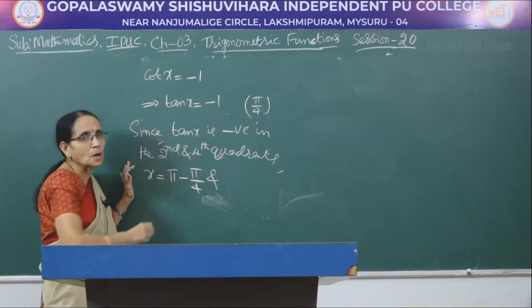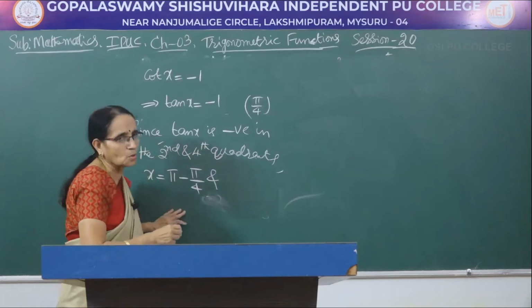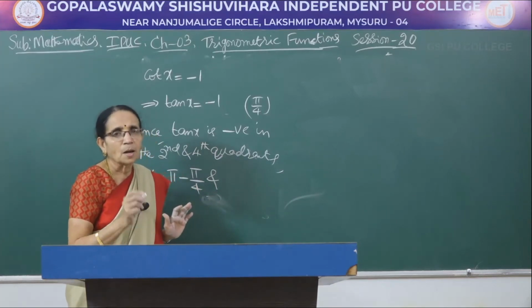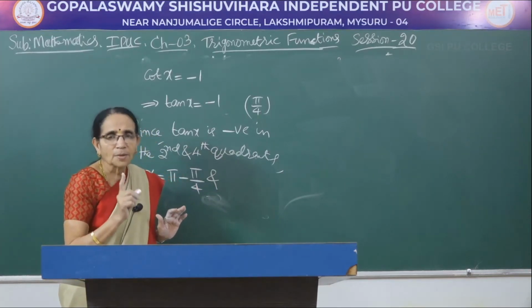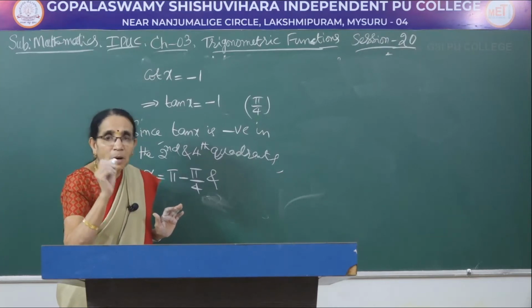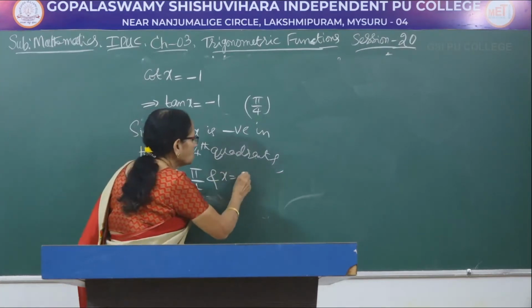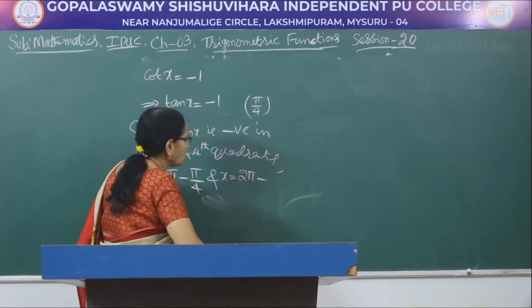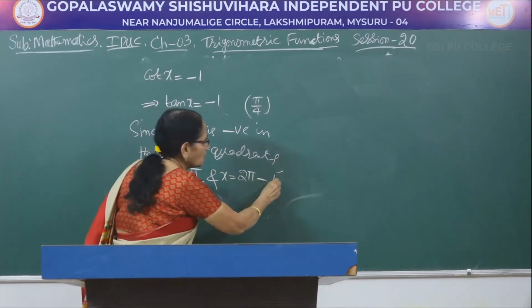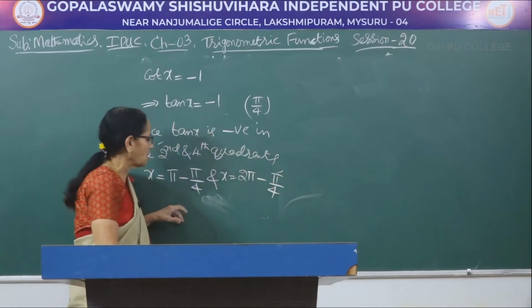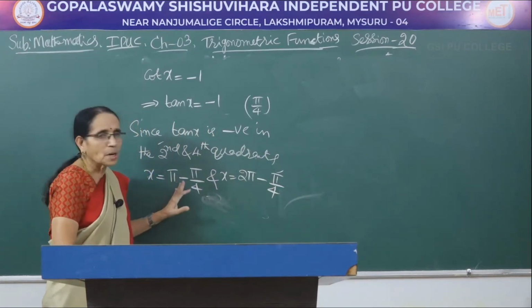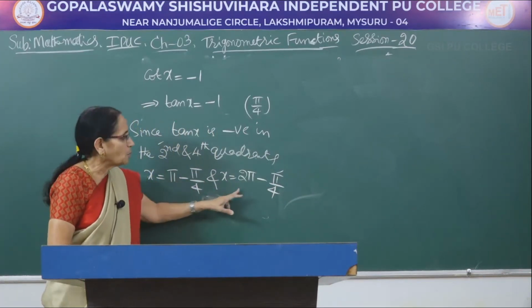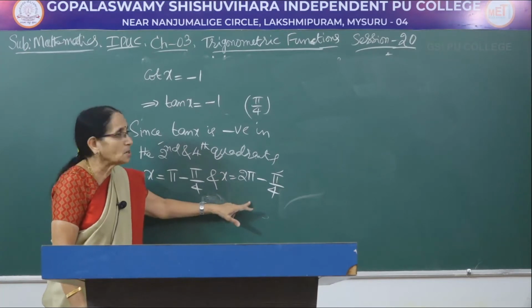So, second quadrant part is over. Come to the fourth quadrant. For the fourth quadrant, how should you represent it? Always write it as 2 pi minus something, that is x is equal to 2 pi minus the corresponding value, that is pi by 4. So, second quadrant means pi minus pi by 4 and the fourth quadrant means 2 pi minus pi by 4.